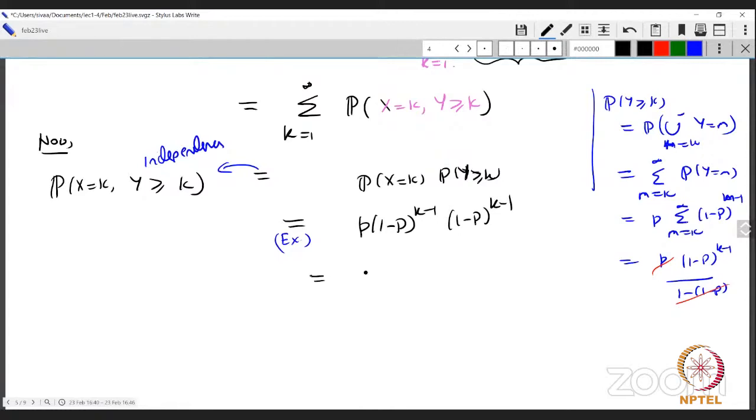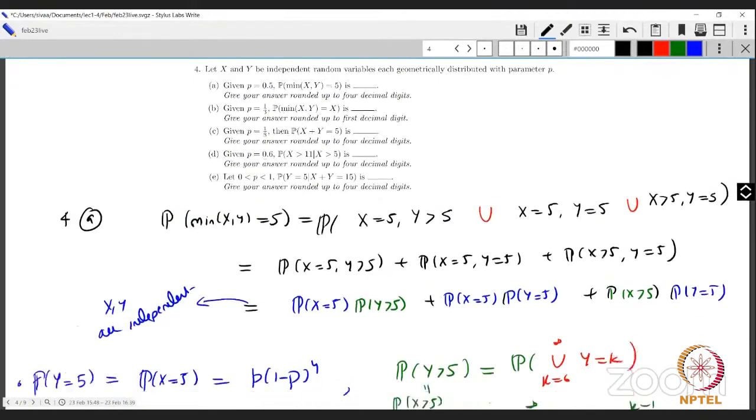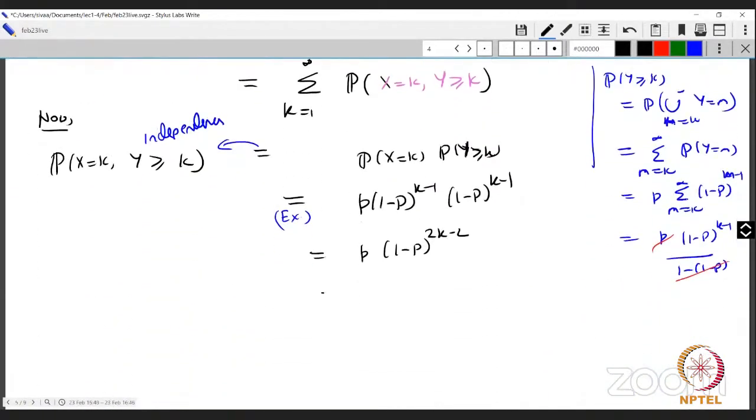So that means this is going to be equal to p times 1 minus p to the 2k minus 2. Very nice. Now what was p in this question? p was 1/3. So p equal to 1/3 will imply this probability is equal to 1/3 times 2/3 to the power 2k minus 2.